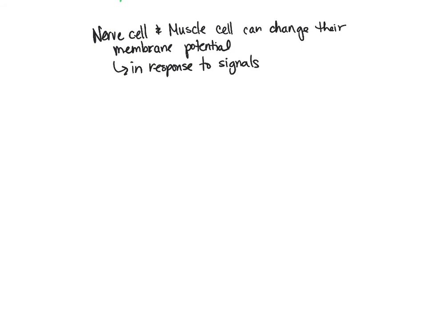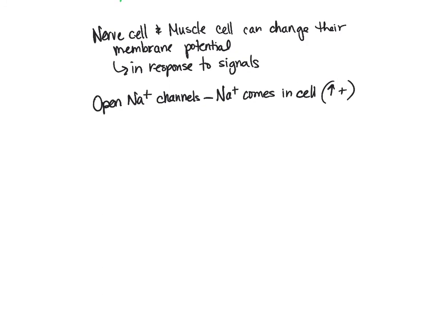And it does this by letting ions in or out. So for example, we can open sodium channels. And if we open sodium channels, that's going to allow sodium to come into the cell. So sodium comes into the cell, and that's going to increase the positive charge on the inside of the cell.